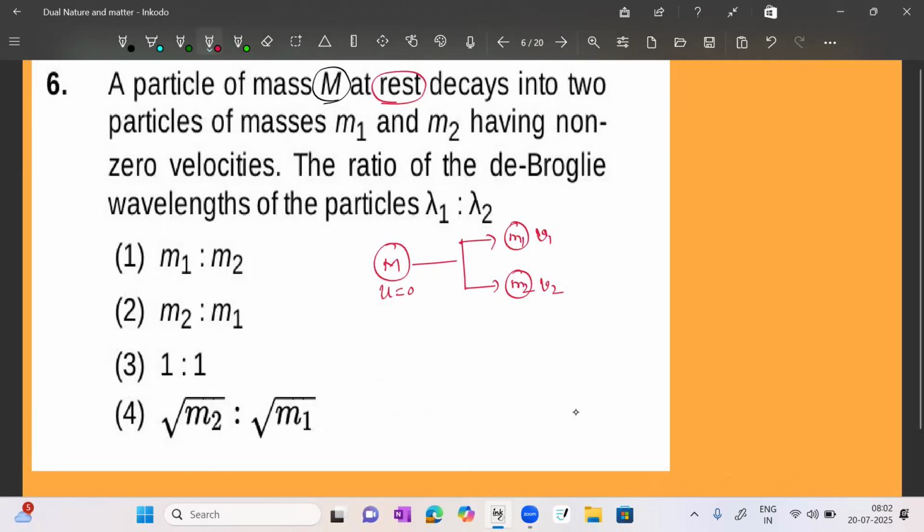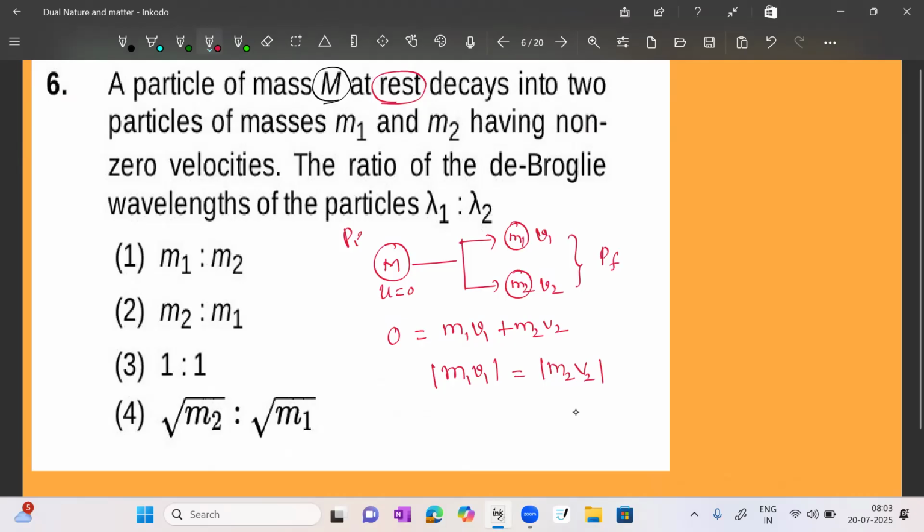Initial momentum should be equal to final momentum of the system. Initial momentum is 0. Final momentum we can write as M1 V1 plus M2 V2. So the magnitude of M1 V1 is equal to the magnitude of M2 V2. Whenever a mass at rest dissolves into a number of fragments, the momentum is always conserved.